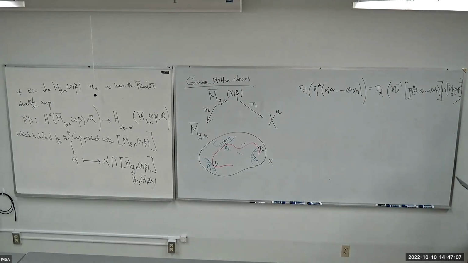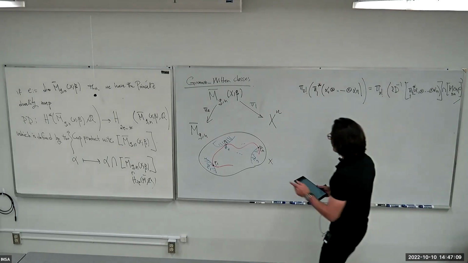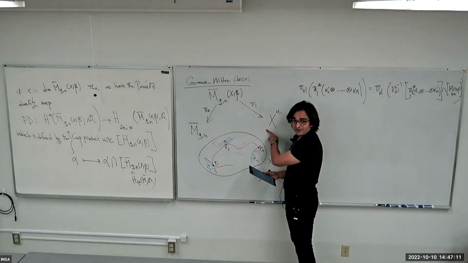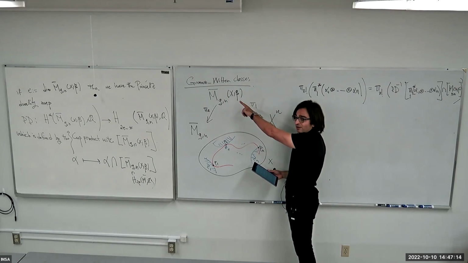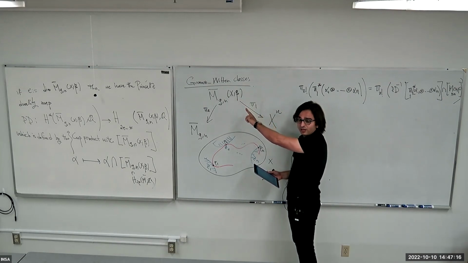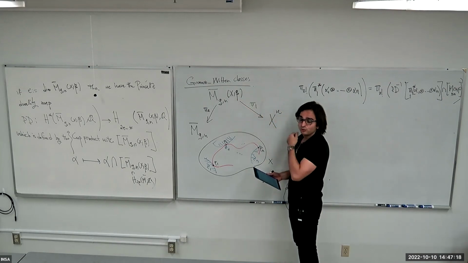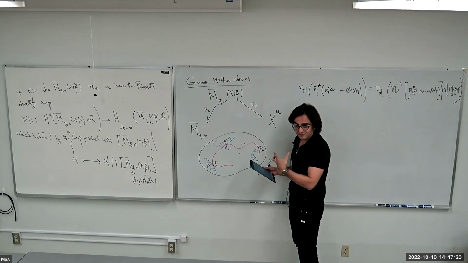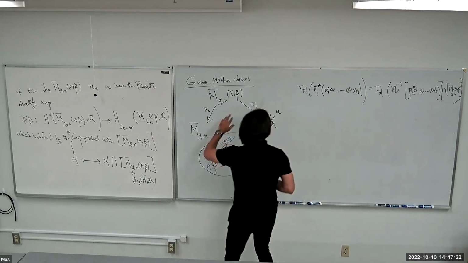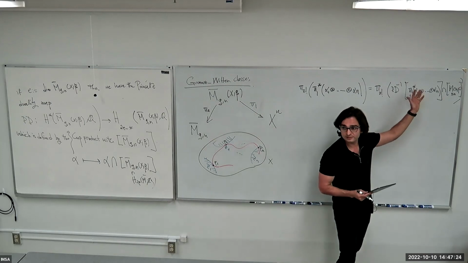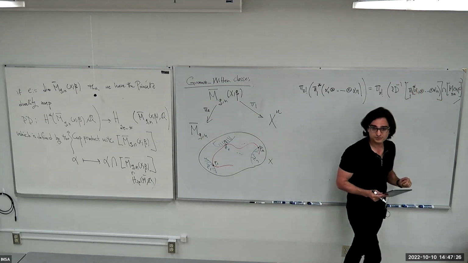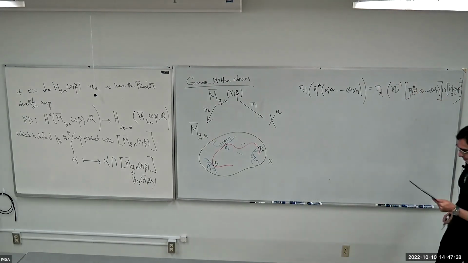Right? I start with a cohomology class in here. I go up there. It's a smooth orbifold, so Poincare duality works. I need to produce a class that does give me this intersection. I Poincare dualize, and I then intersect with the virtual class.